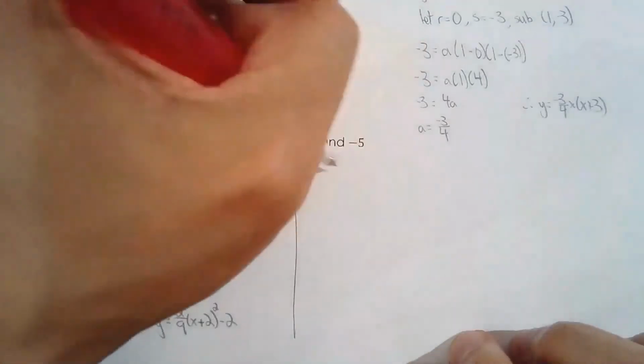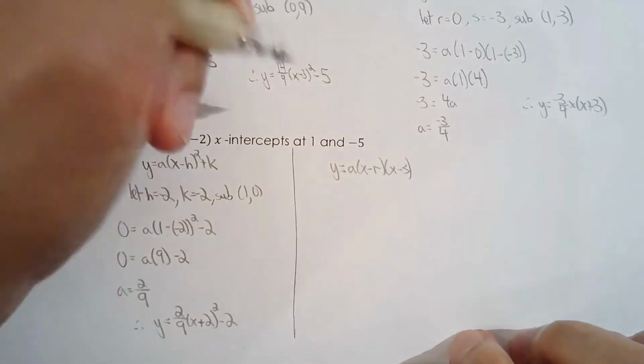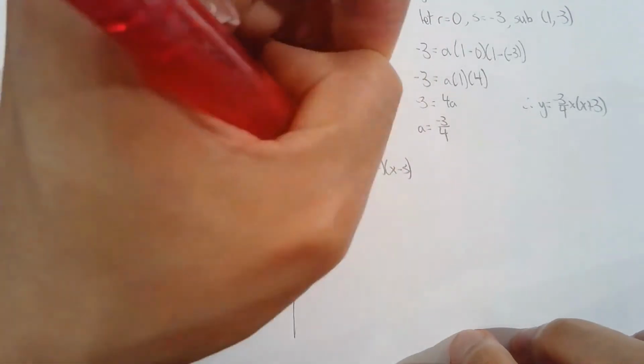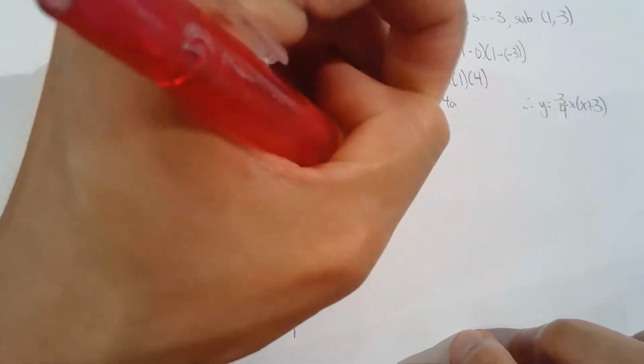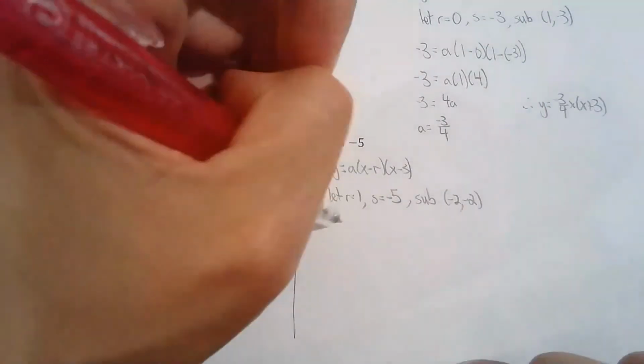Now I'm going to build it in factored form. Let r equal 1, s equals -5, sub in the point -2, -2. I can sub in any point. Now this point is a very special point, but nonetheless, it will work beautifully.